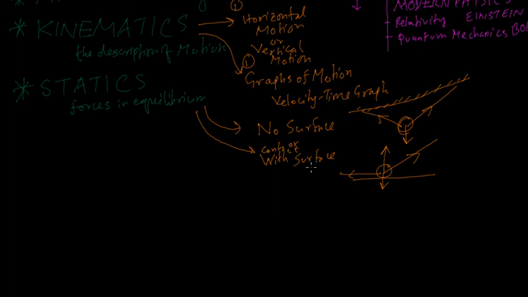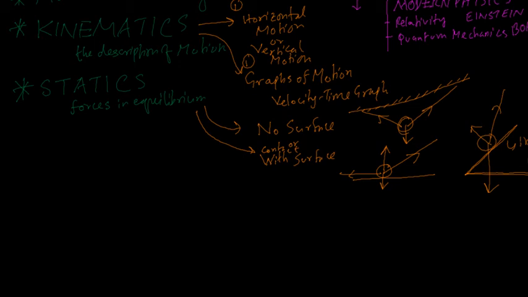Surfaces can be either a plain horizontal surface or an inclined plane. So this surface can be inclined as well. In that case we can have something being pulled like this, the weight is working here and the normal reaction is here. This can also be in equilibrium, but here we have an inclined plane.